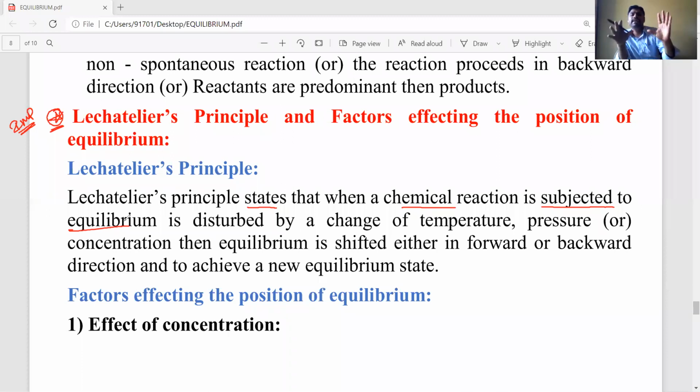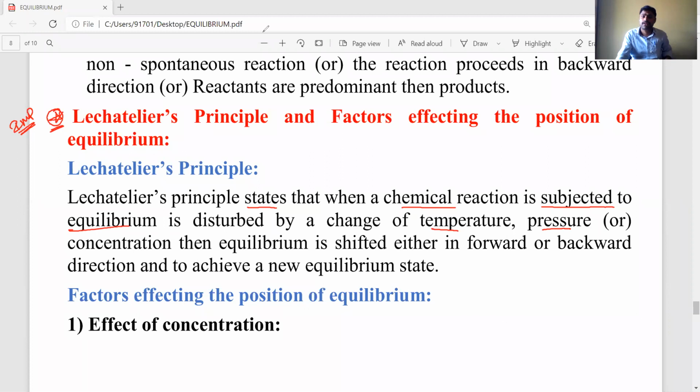That is explained by the Le Chatelier principle. The equilibrium is disturbed by change of temperature, pressure or concentration. Then the equilibrium shifts either in the forward direction or in the backward direction, and achieves a new equilibrium state. This is known as the Le Chatelier principle.